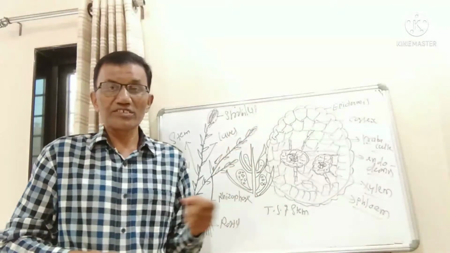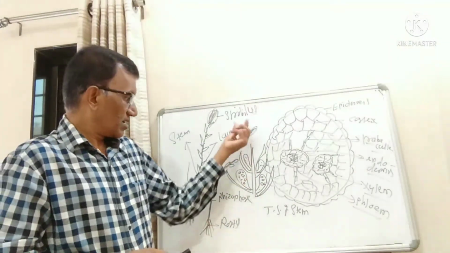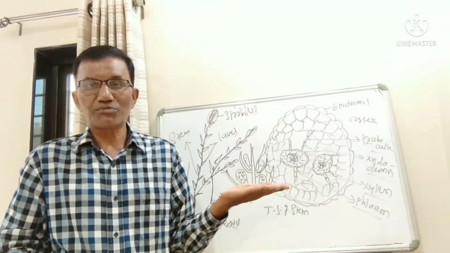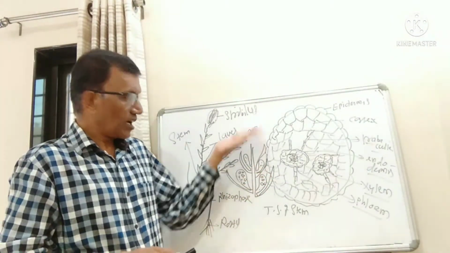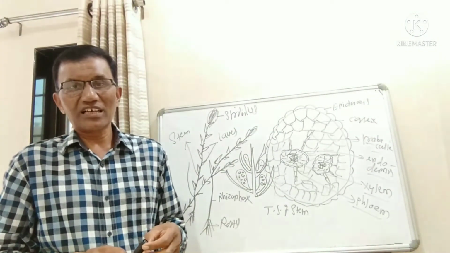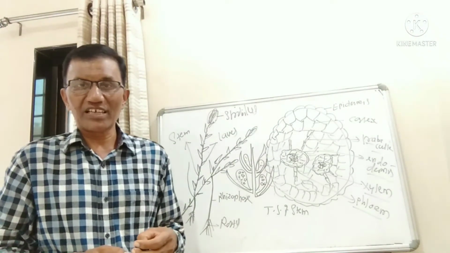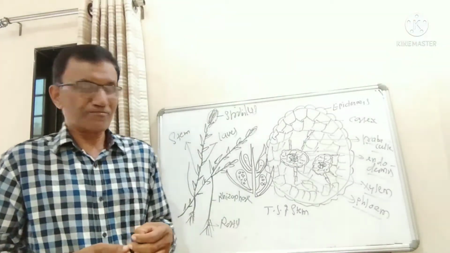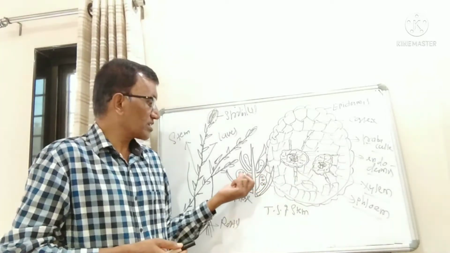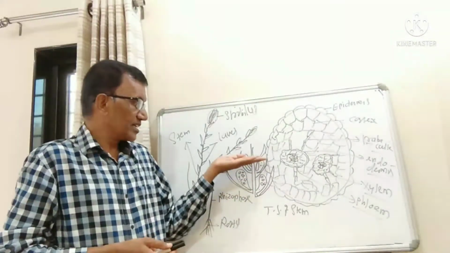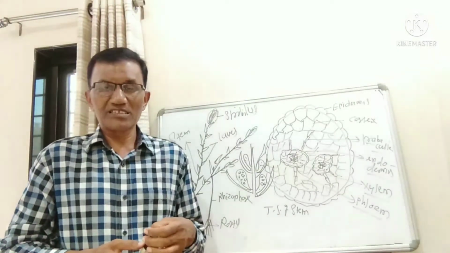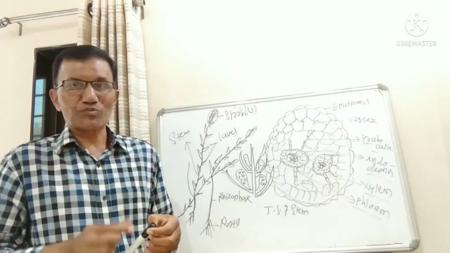In the case of Selaginella, in the basal half of the cone we will find one type of sporangium, and in the half above, toward the terminal end of the cone, there is another type of sporangium. The sporangium at the base has larger spores, and the sporangium above, toward the terminal end of the strobilus, has smaller spores.